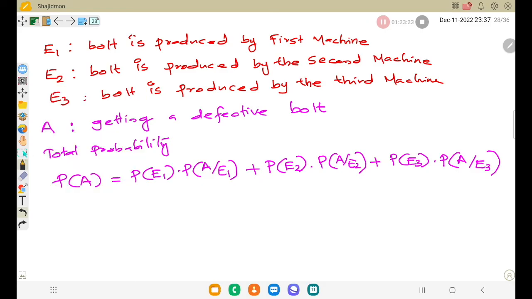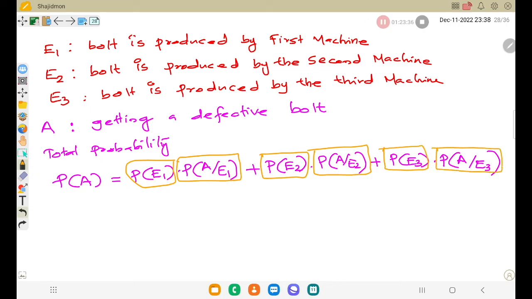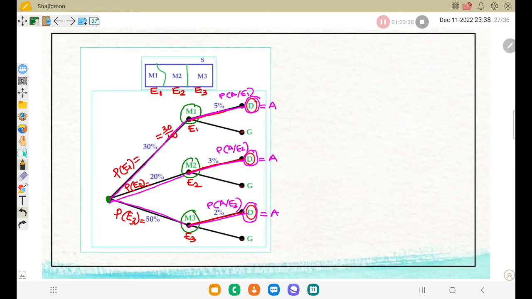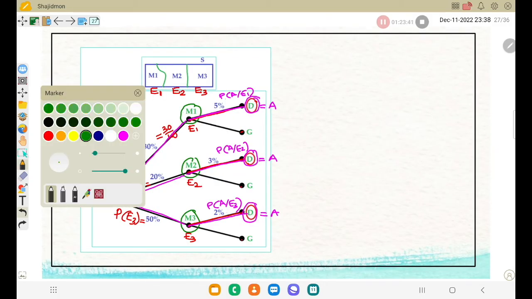So, what we do? We need to calculate this number. What is probability E1, A given E1, probability of E2, A given E2, probability E3, A given E3. These 6 numbers we need to calculate here. So, here we will do that one.